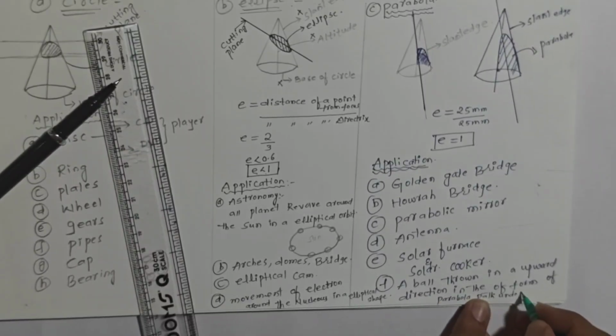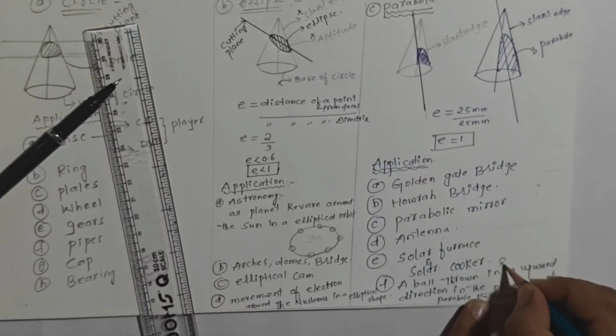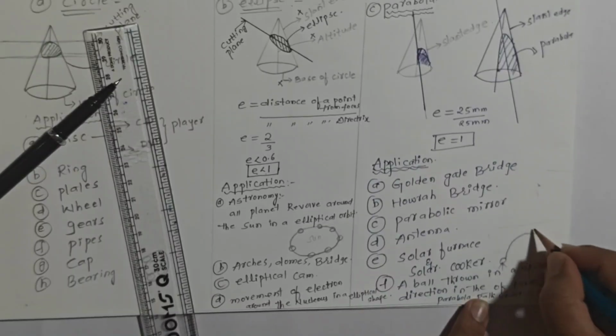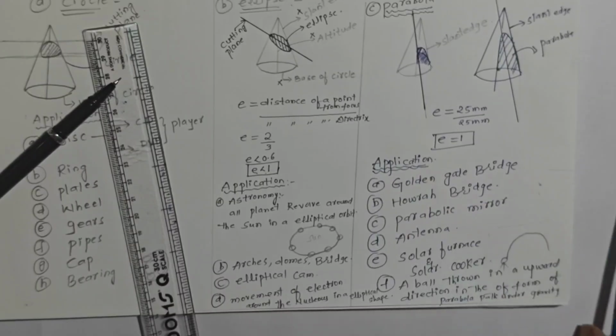If you are throwing a ball like this, it forms projectile motion. The shape is in the form of a parabola. Clear?